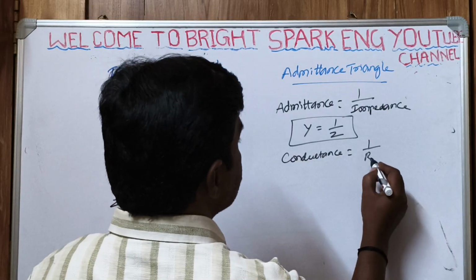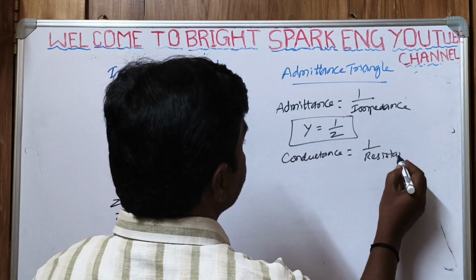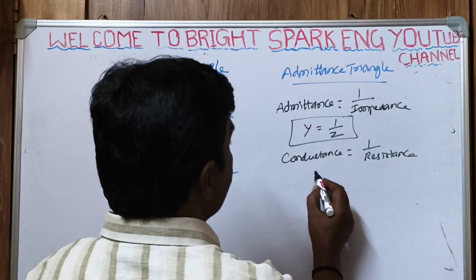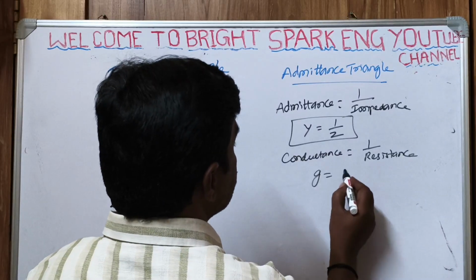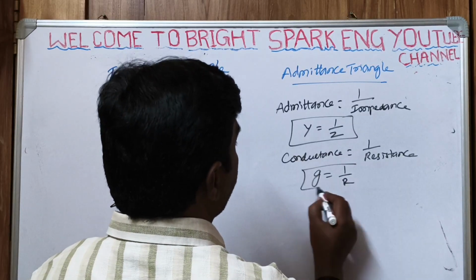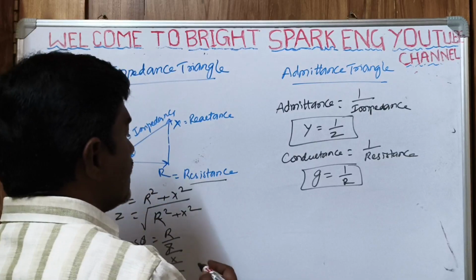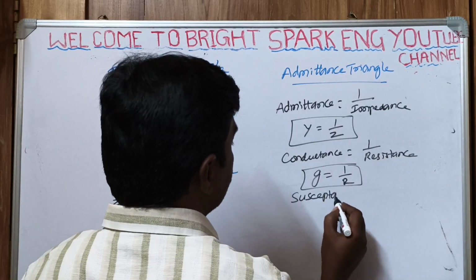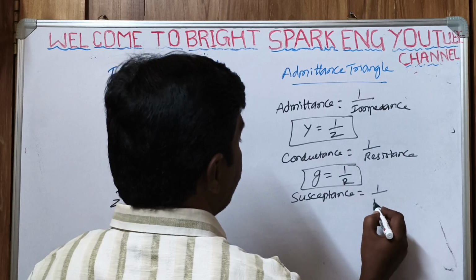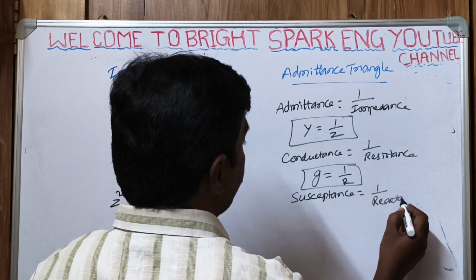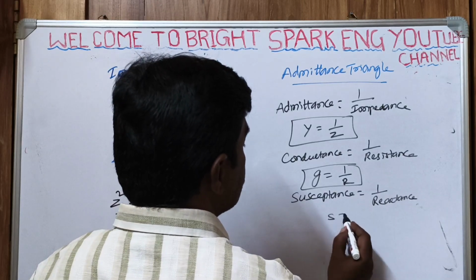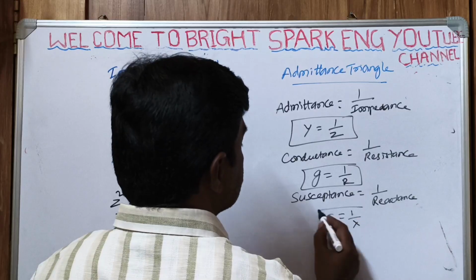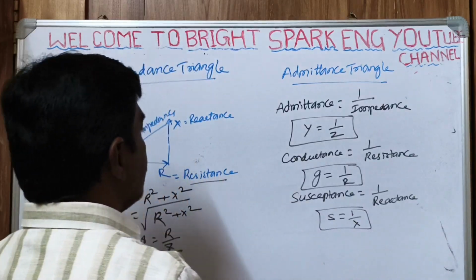Conductance is equal to 1 by resistance, represented by G. G is equal to 1 by R. Next is susceptance. Susceptance is equal to 1 by reactance. S is equal to 1 by X. This is the formula.